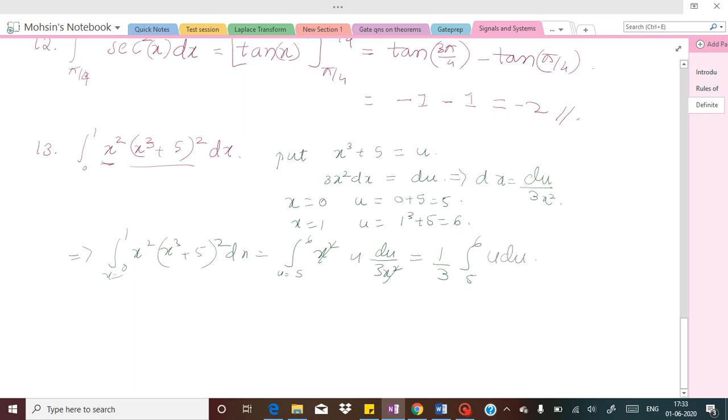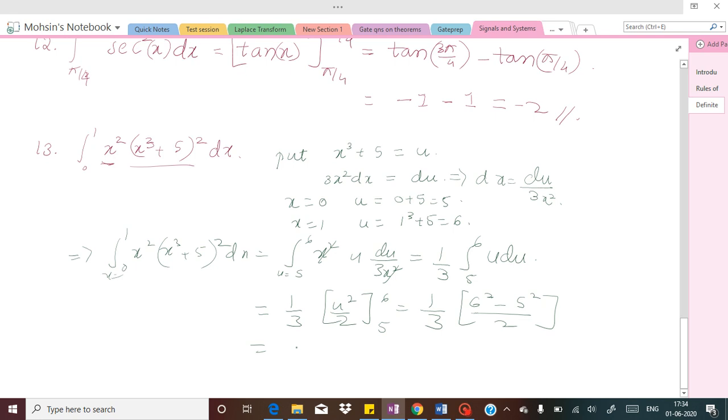So this will become a very simple term. So 1 by 3 times integration of u square is u cube by 3. So therefore between 5 to 6, substituting the limits, 1 divided by 3 times, first term is 6, so 6 cube, and second term is 5, so 5 cube, divided by 3.